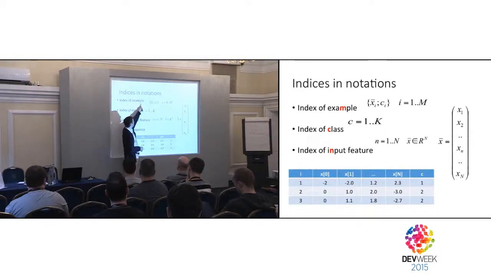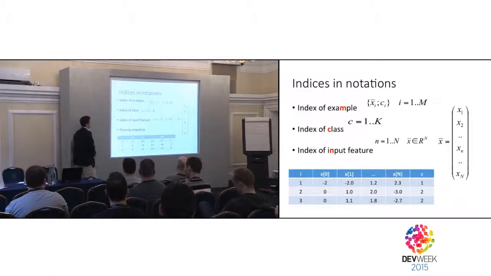So example has letter M, and therefore we denote the number of examples with big M. So the class has C, and it sounds like class. So the number of classes we denote with big letter K. And the number of input features has this letter N, and therefore we denote it with big N.